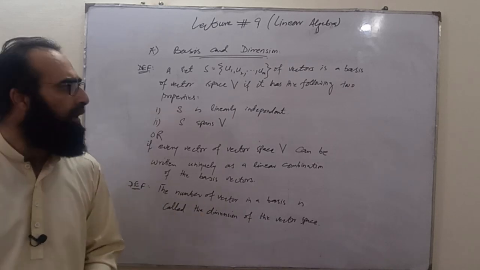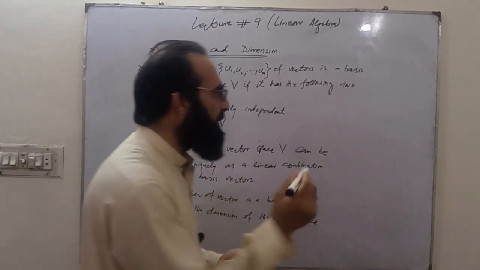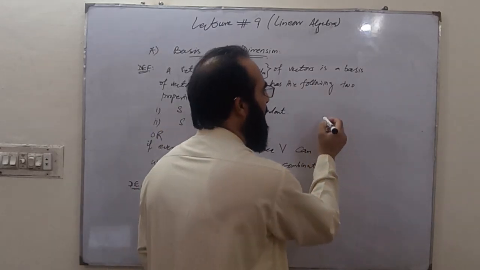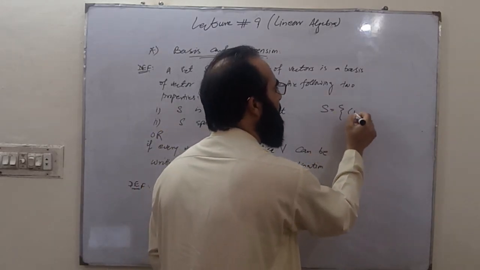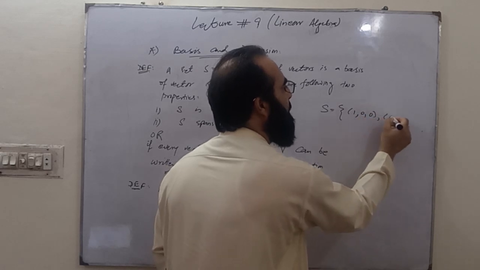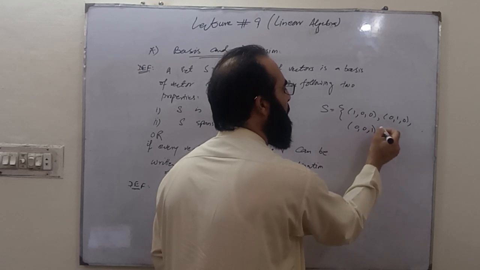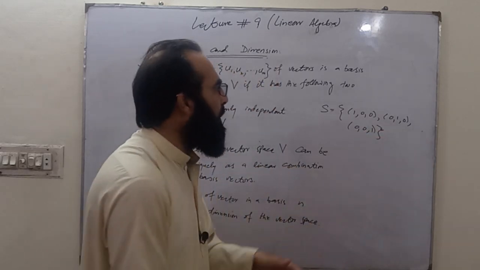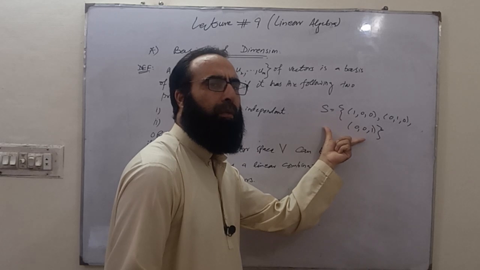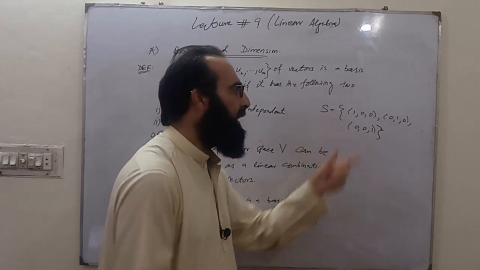For example, in the previous lecture, we already discussed a collection consisting of the vector 1 0 0, the vector 0 1 0, and the vector 0 0 1. This set was a spanning set for R cube.